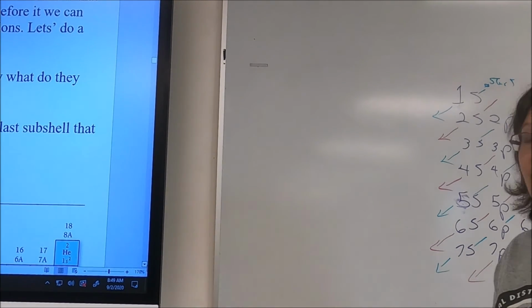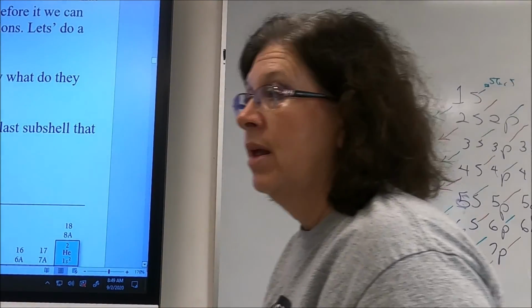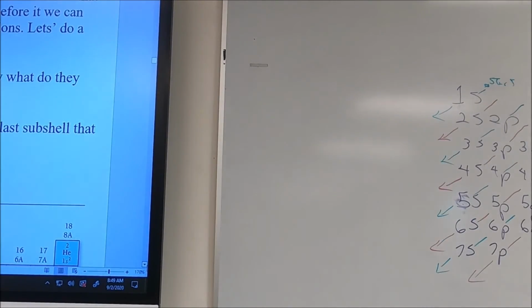Now, I'm going to look at some elements that are in columns in the periodic table. Namely, we're going to look at the configuration of magnesium and calcium. Then I'm going to look at aluminum and gallium, argon and krypton, and then zinc and cadmium.